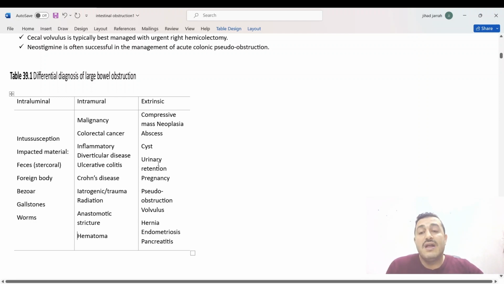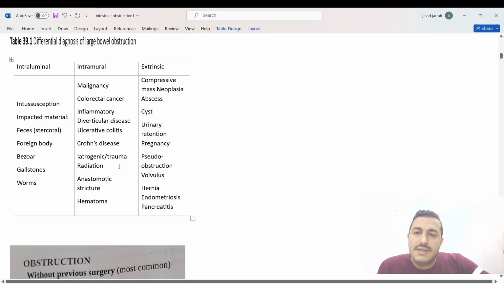when the bladder gets large. Pregnancy is one of the causes. Pseudo-obstruction, volvulus, hernia, endometriosis. We will discuss briefly endometriosis as a cause of either intramural or extrinsic obstruction. It can be intramural or extrinsic.